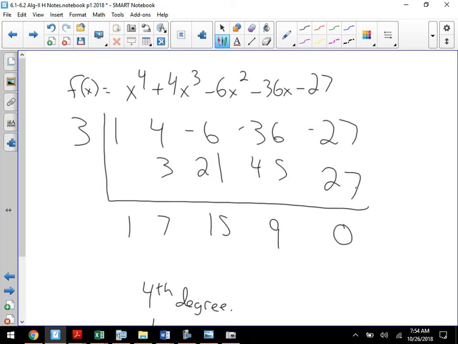It ended in a 0, which means if 3 is a 0 of that polynomial, what term can be factored out of it? X minus 3. That means that I have an x minus 3 in that term. Well, when you divide something, you're breaking it down into less factors, excuse me.